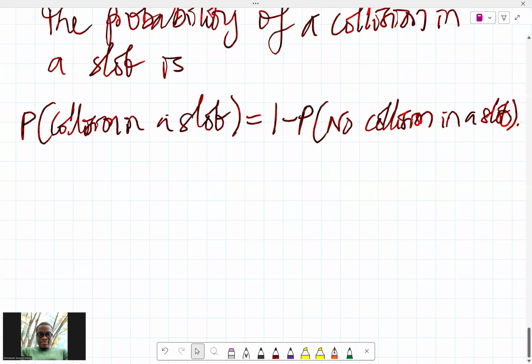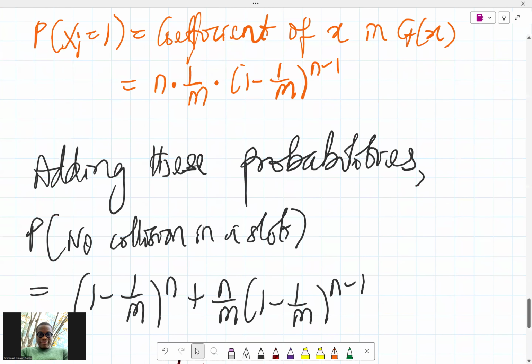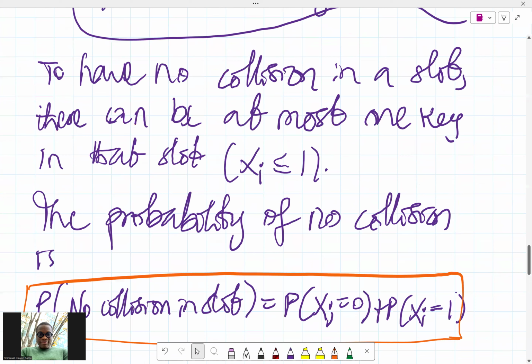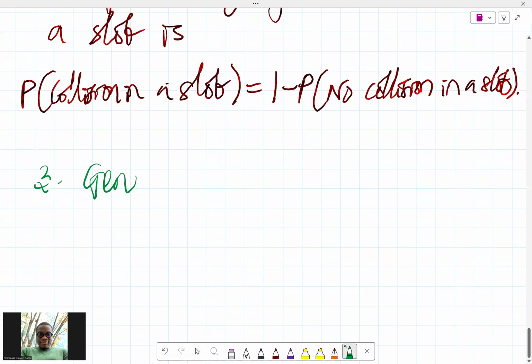That's a lengthy thing to do. So we can generalize this. That's the next step to take. So step 2, yeah. Step 3 is to generalize for all slots.